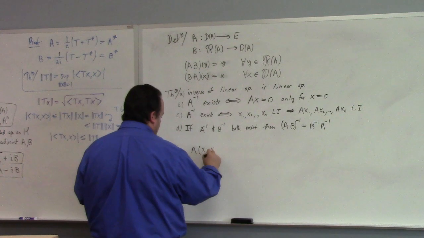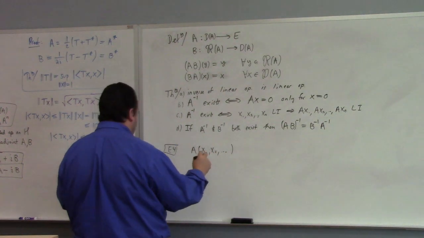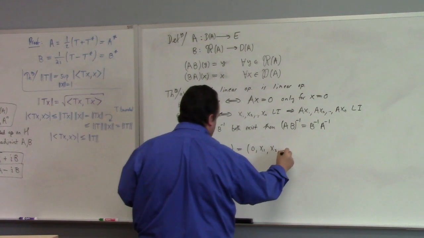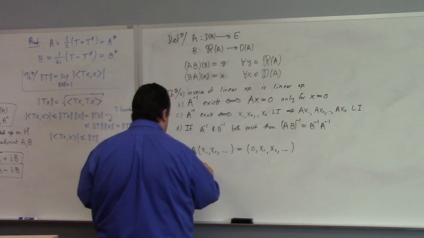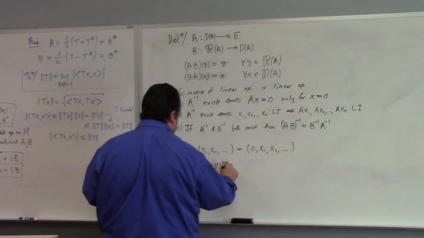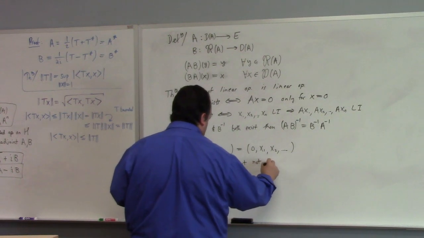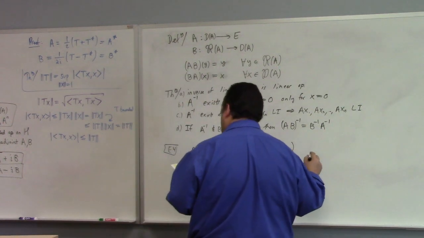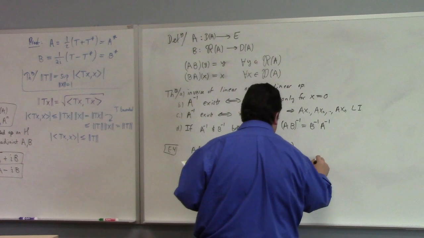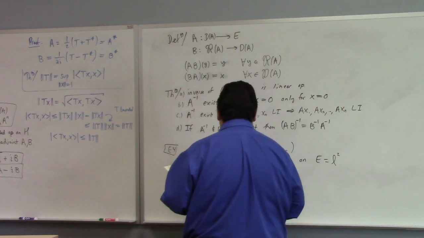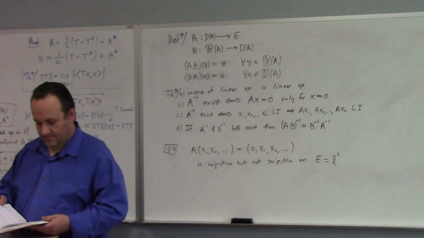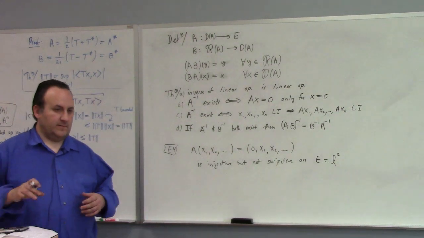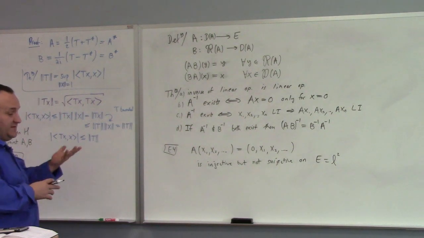If you do (x1, x2, ...), that's equal to (0, x1, x2, ...). So this is injective but not surjective on E equal to L2. So the range here is a proper subset of L2. But this is invertible.